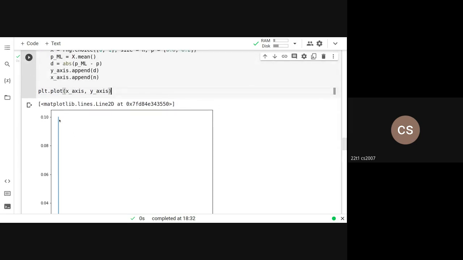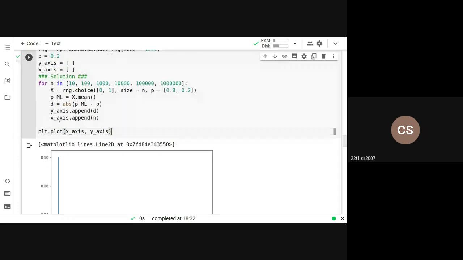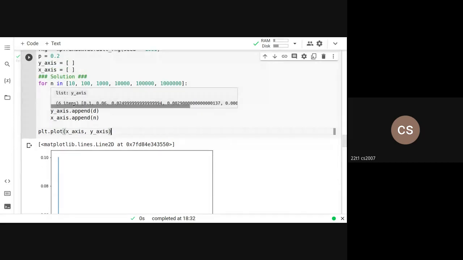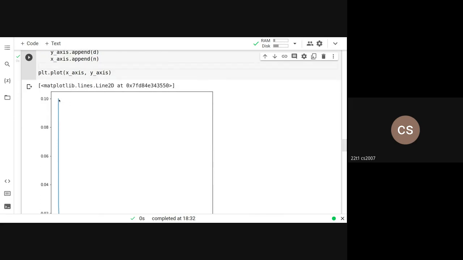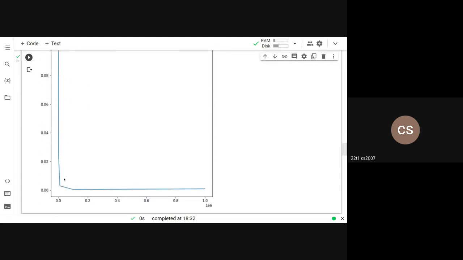The distance is initially very high, something like 0.1. In terms of probabilities, this is bad. A distance of 0.1 between the original and the estimate is pretty high here, but as n increases, notice that it comes down and it's very low here.